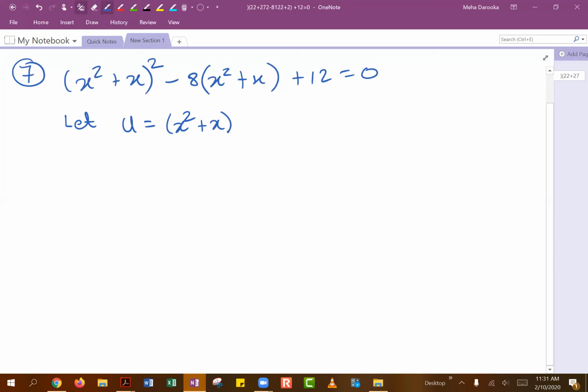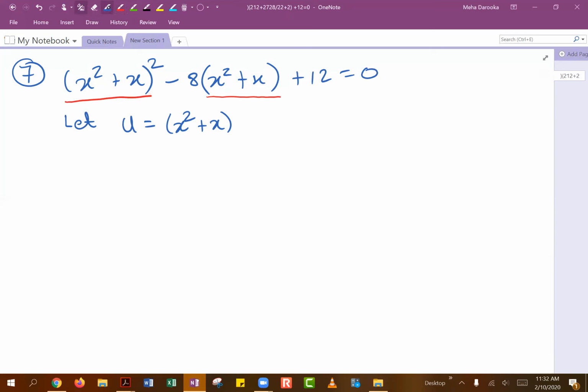Okay, so that means when we go back and do that actual substitution with the u, you're going to be replacing this x squared plus x with u, with the 8 next to it. And then the first one would be u squared, because you've got x squared plus x, the whole quantity to the second power, right?